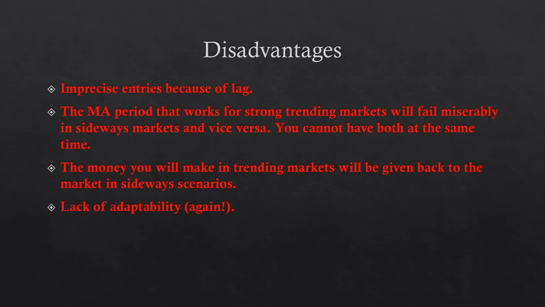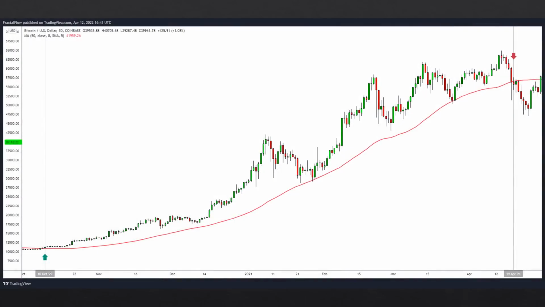Let's observe this situation in simple charts once again. Here we have the daily chart of Bitcoin with a 50-period SMA. By using the price cross technique, you would have produced a 393% return in a matter of 190 days. By looking at this, you might be convinced that the 50-period SMA is the way to go.